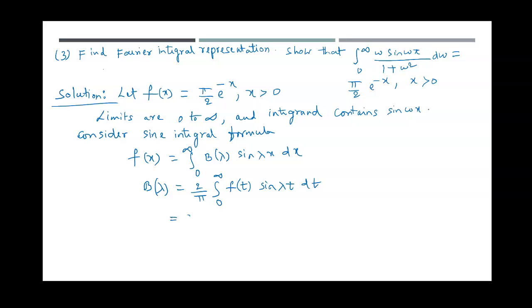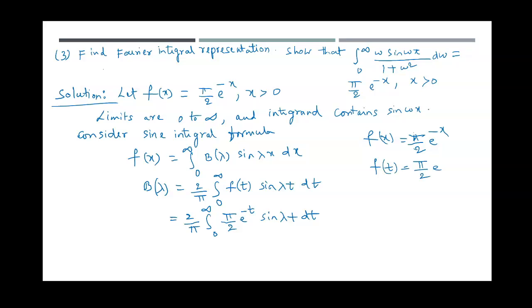This is equal to 2 by pi integral 0 to infinity, where f of t is pi by 2 e power minus t, sin lambda t dt. Because if f of x equals pi by 2 e power minus x, then replacing x by t, you get f of t equal to pi by 2 e power minus t. Now let us evaluate this. Here 2 by pi and pi by 2 get cancelled. You get integral 0 to infinity e power minus t sin lambda t dt.